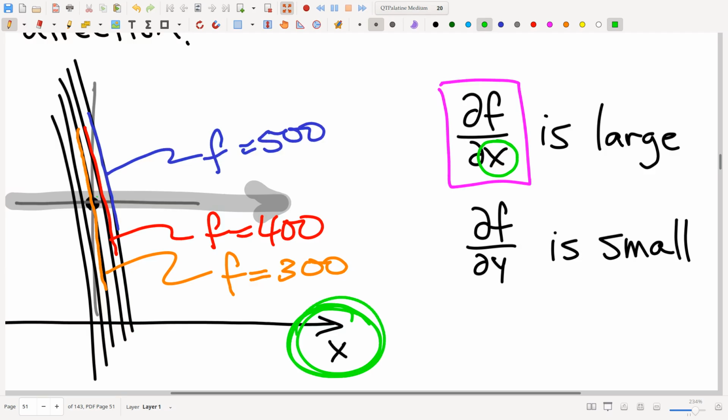And oh my gosh, look at this! I've got to gain 200 feet of altitude over a very short horizontal distance. And I got to tell you, that looks like it's going to be a tough hike. Right, that looks very steep.